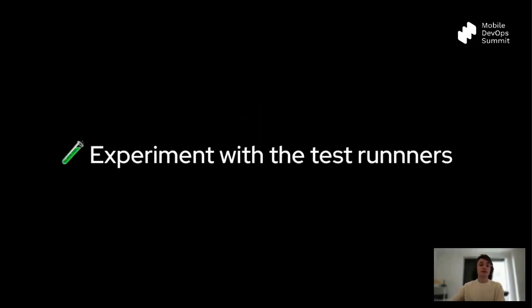And last but not least, experiment with the test runners because they can already provide you the features and functionality that can solve the UI test issues along with some of the problems that might occur on the CI side as well. So they can definitely simplify your life.